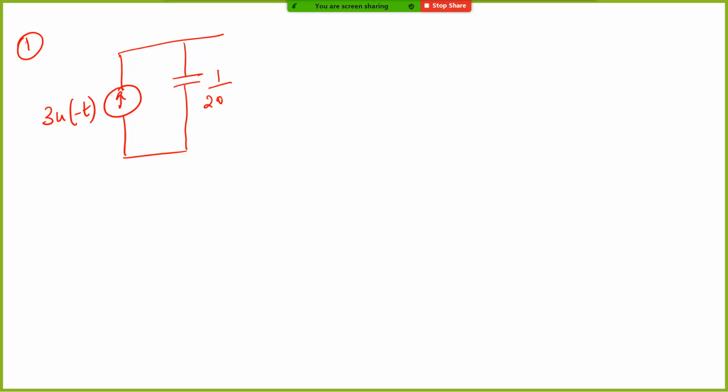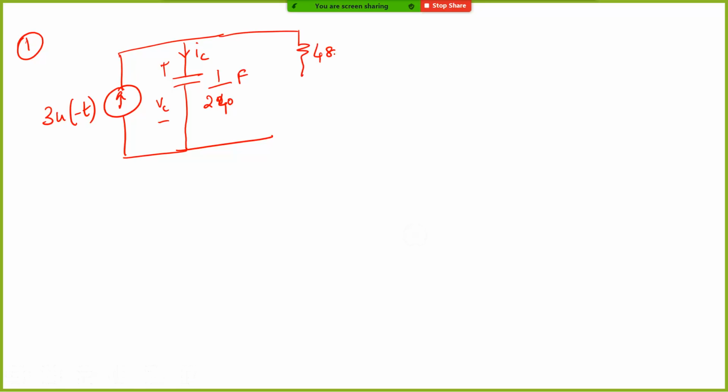Let me give you one problem that you can solve before the next class. We have a 3u of minus t current source, then 1 by 240 farad, this is VC, and this is IC in this direction.